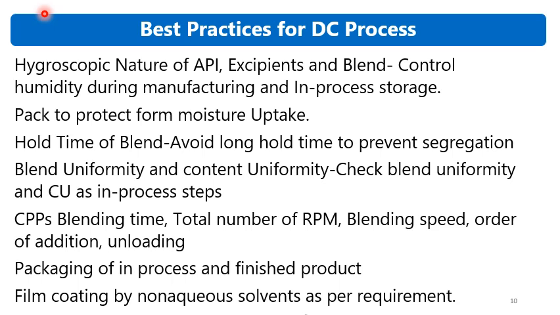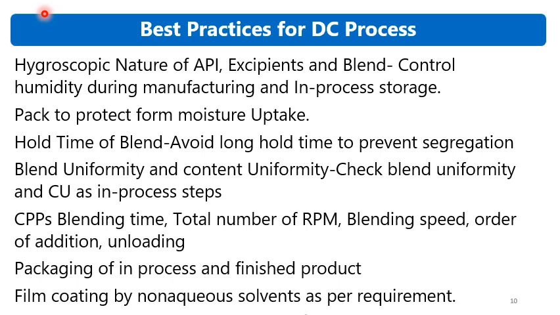One thing to remember here is that if you are using the DC process to avoid contact of water with the API, then film coating cannot be done with aqueous systems. That means water cannot be used at film coating also. So go for non-aqueous solvents and do the coating with organic solvents.